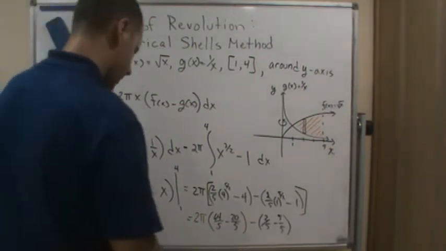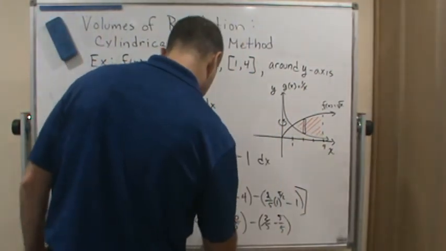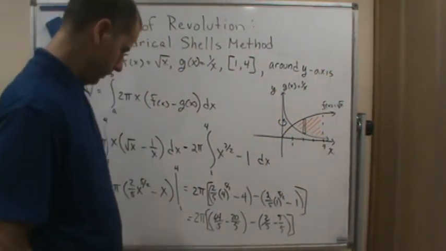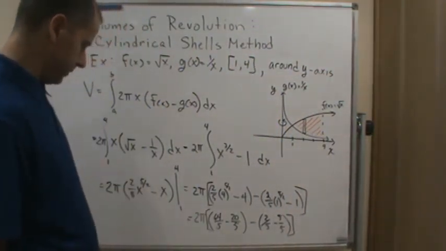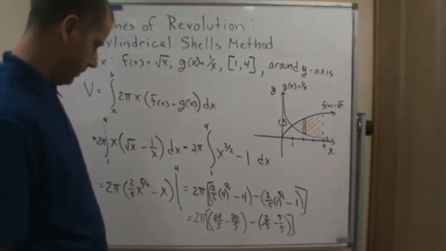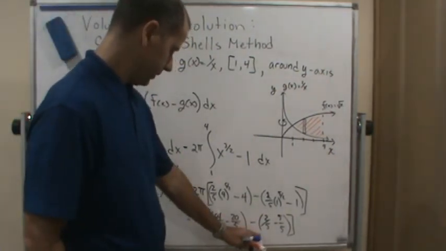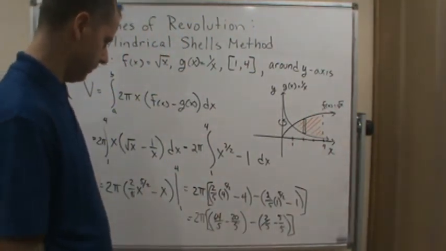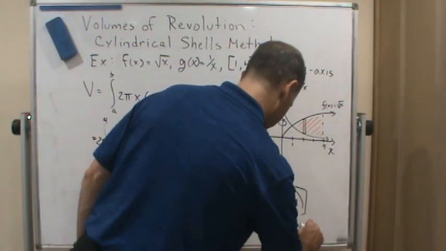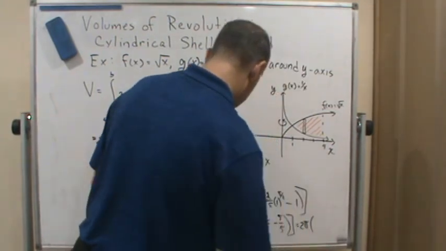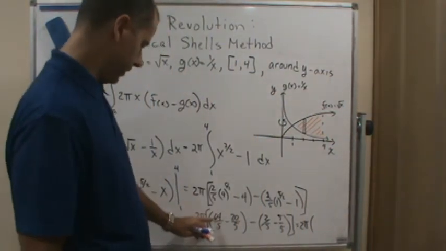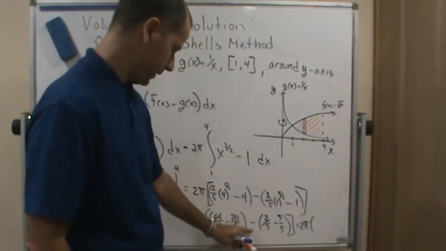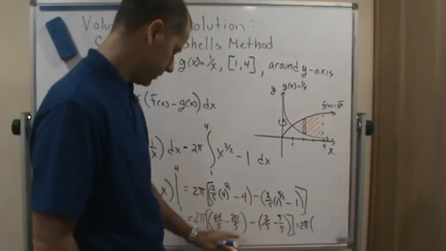And so now, what do we get? This is going to give us 44 fifths, and then this is going to give us a negative 3 fifths, but the negative cancels, so it's going to be plus 3 fifths.